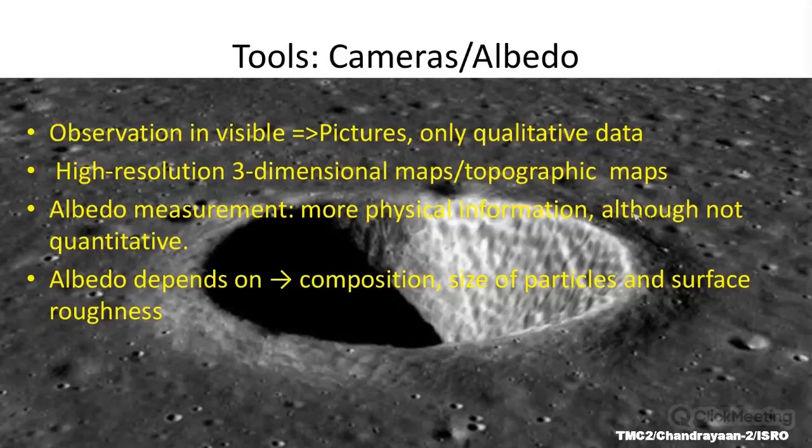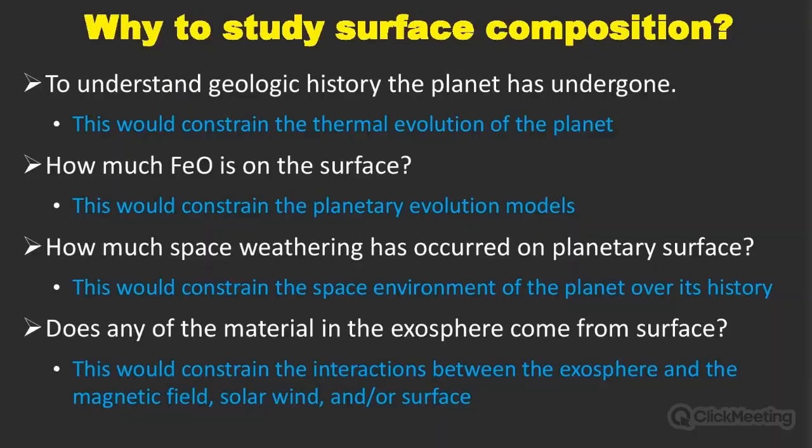So this kind of simple tool is very important to have first cut information about the surface. So basically, because we are mainly focusing on surface composition, why study surface composition?